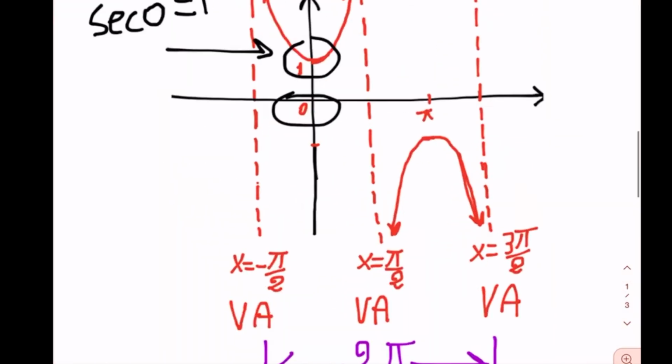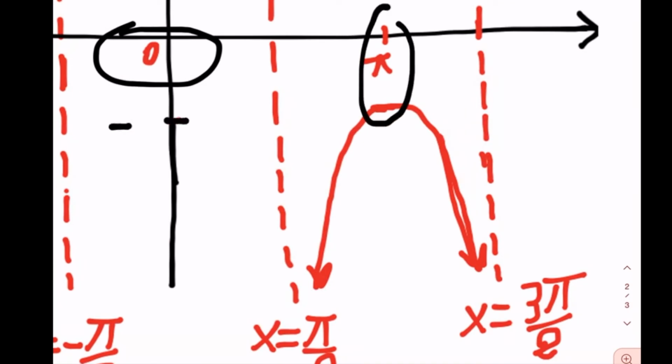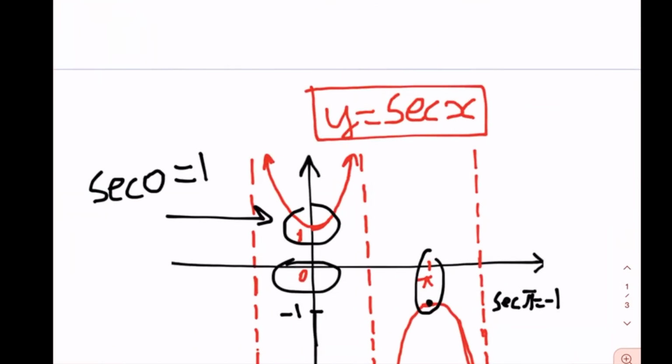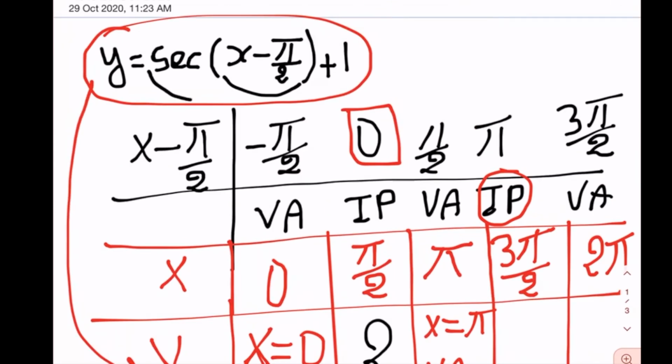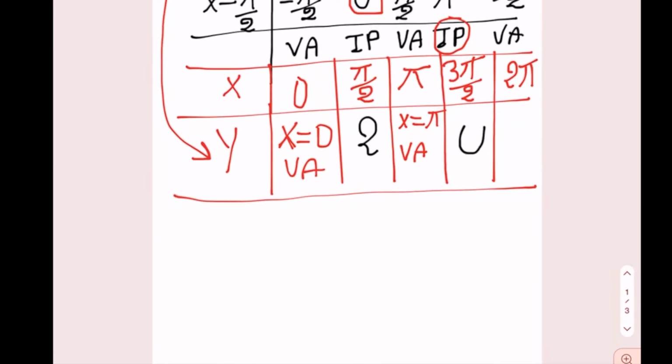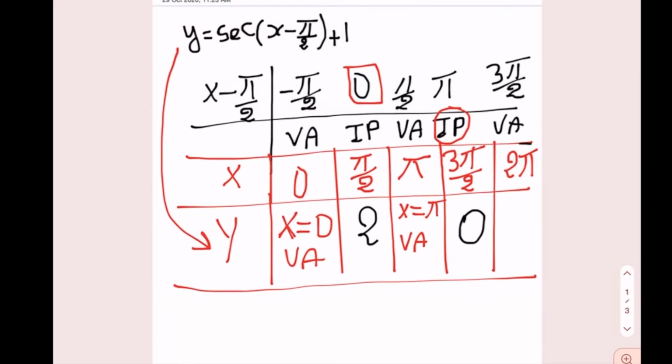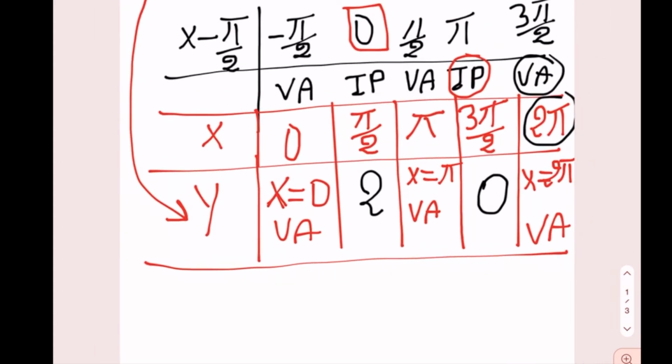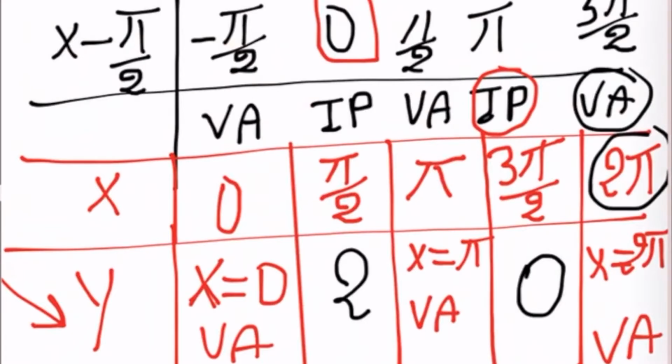Here the secant value is negative 1, and we add 1. So negative 1 plus 1 equals 0. So my y is 0. At 2 pi we have a vertical asymptote, so we don't need to calculate the value of y because it's an infinite discontinuity. Now we are set. We have the table of x and y for our function.